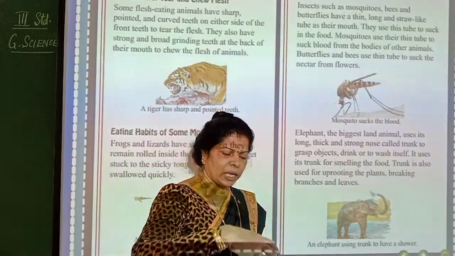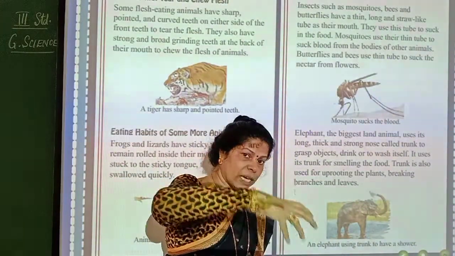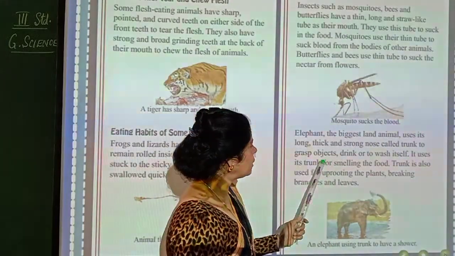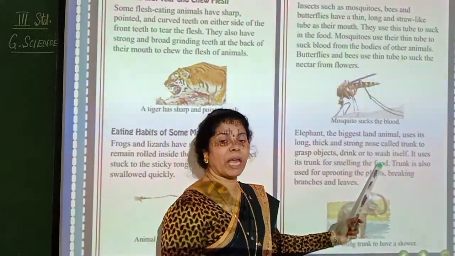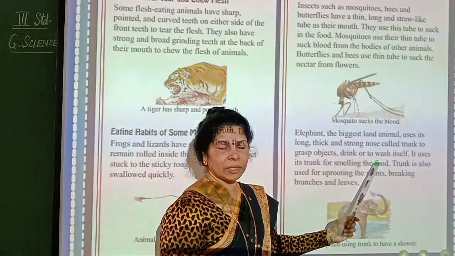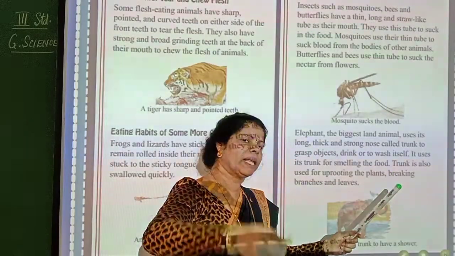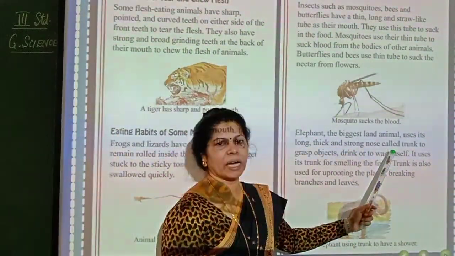They put their trunk inside the water and then they draw the water, they suck the water and then they drink. Understood? So like that they grasp objects, drink, or even if they have to bathe themselves, they will bathe. What they do is they take the trunk, fill it with water and then pour it on their body. Understood? For all this the trunk is used.